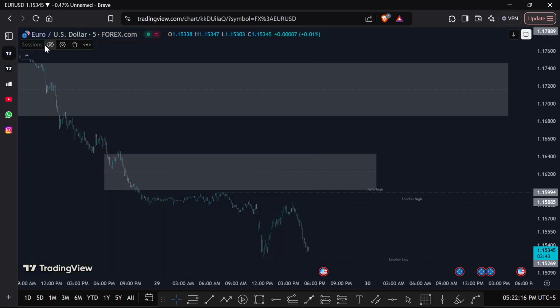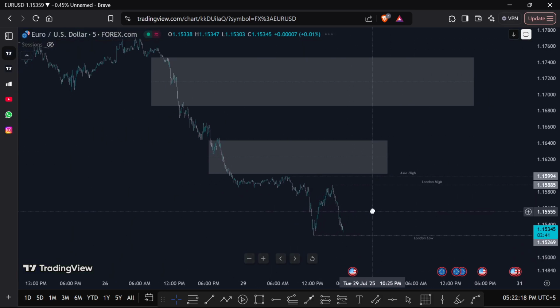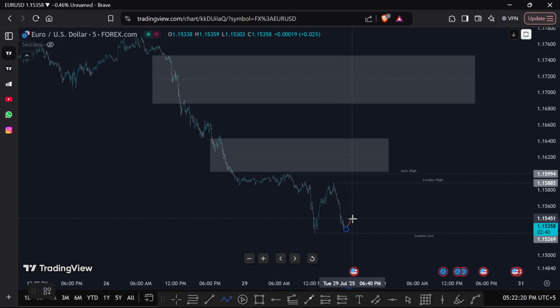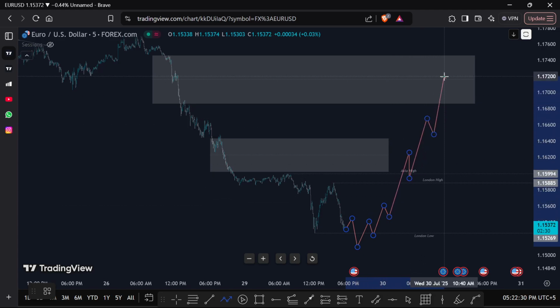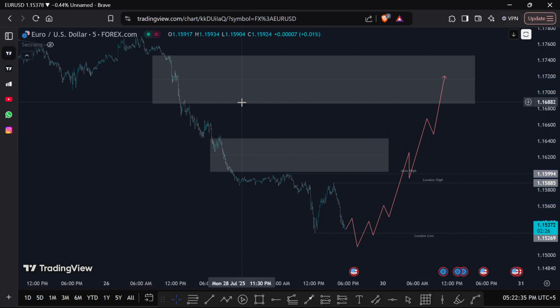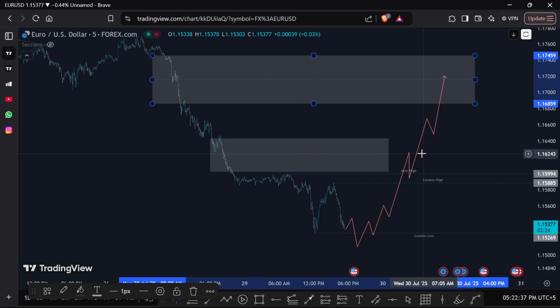If it does something like this and starts moving towards the buy side, we can see a potential lower high forming in the market, filling into all these imbalances.